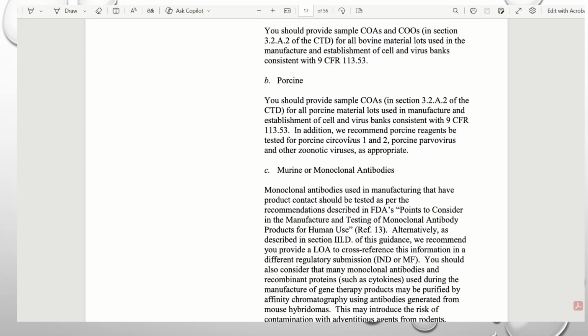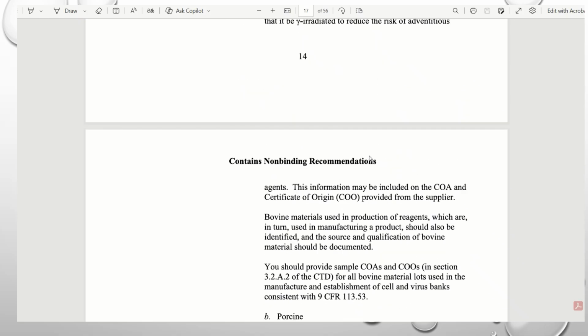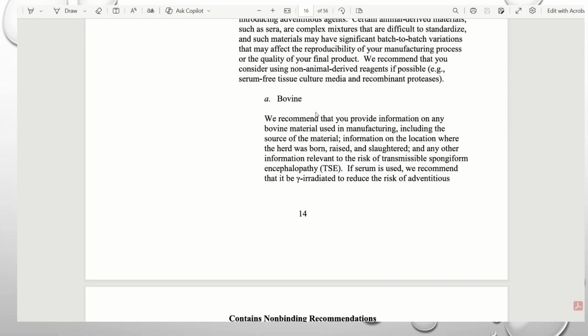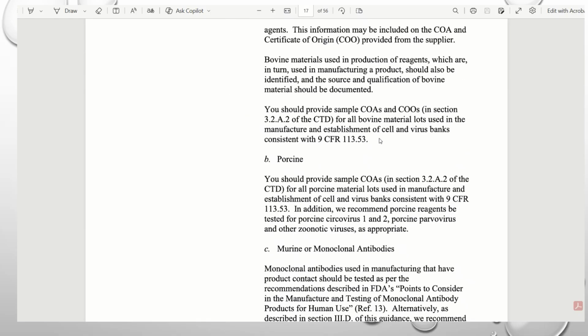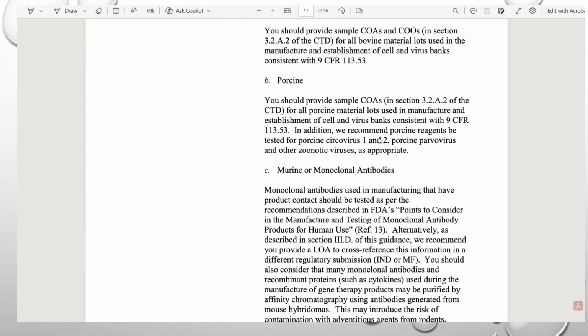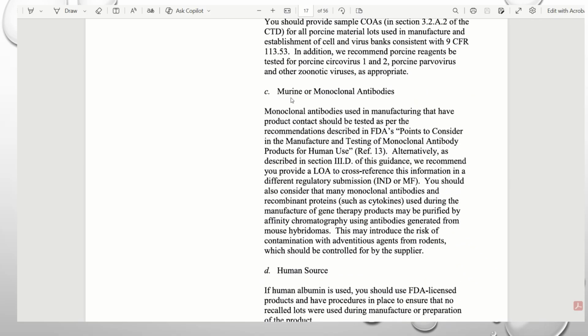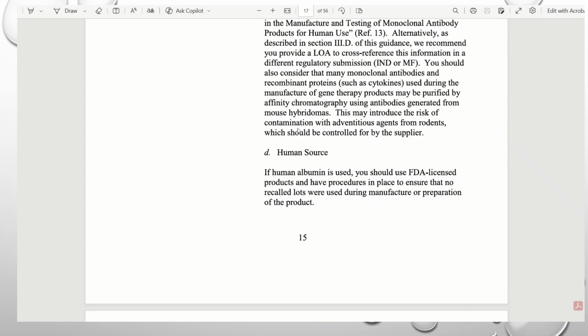Porcine, there are specific viruses, zoonotic viruses associated with porcine, as are there specific viruses associated with bovine as well. So these are viral specific testing in permissible cells in order to demonstrate the absence of these products, or to look at the scientific rationale with regards to the tropism to human cells. Murine or monoclonal antibodies, again, this may be used in your manufacturing process, and if so, there are specific risks associated with them.